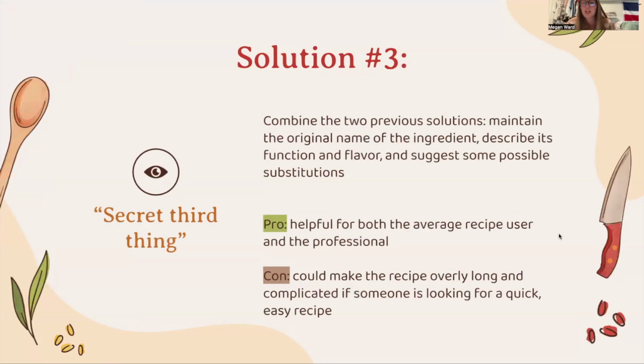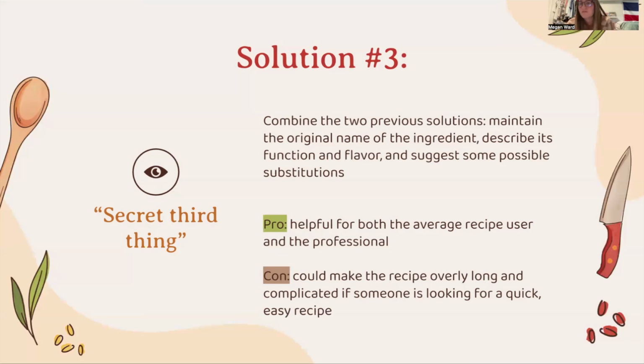The third solution is a combination of the last two solutions. So the original name of the ingredient is maintained, the ingredient is described, and some possible suggestions are given for how a person in the target culture could replace this ingredient that's difficult to find.